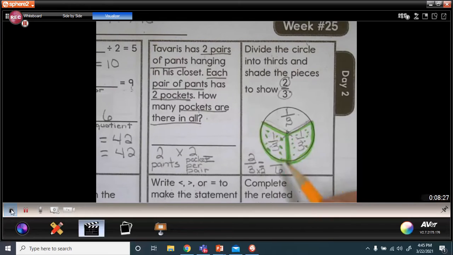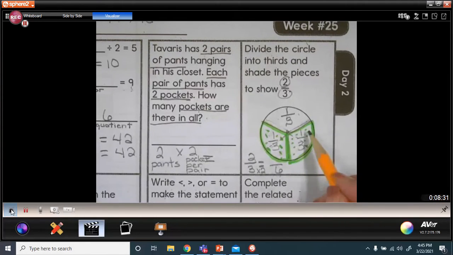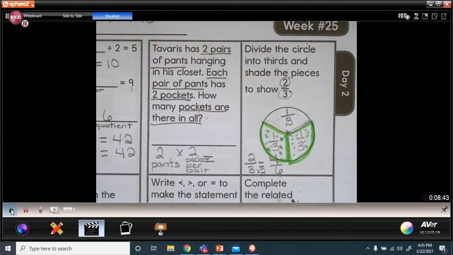Well, here's a sixth, here's a sixth, that's 2/6, and here's a sixth, and here's a sixth. That's another 2/6. So I have 4/6.